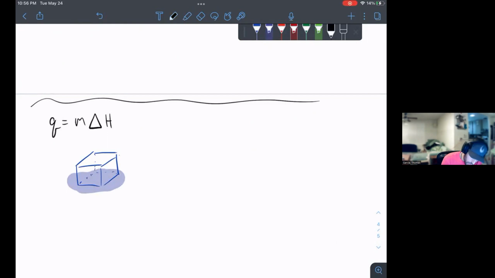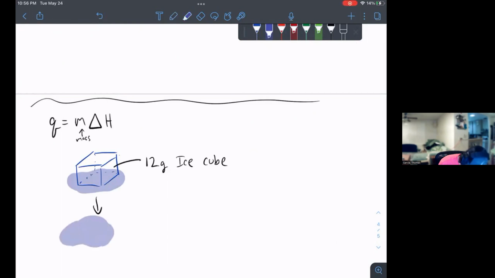Well, we're going to need some values first. We need a mass. This is still mass. And so let's say we have a 12-gram ice cube. And this 12-gram ice cube, we want to know how much energy it will take for the full thing to melt.